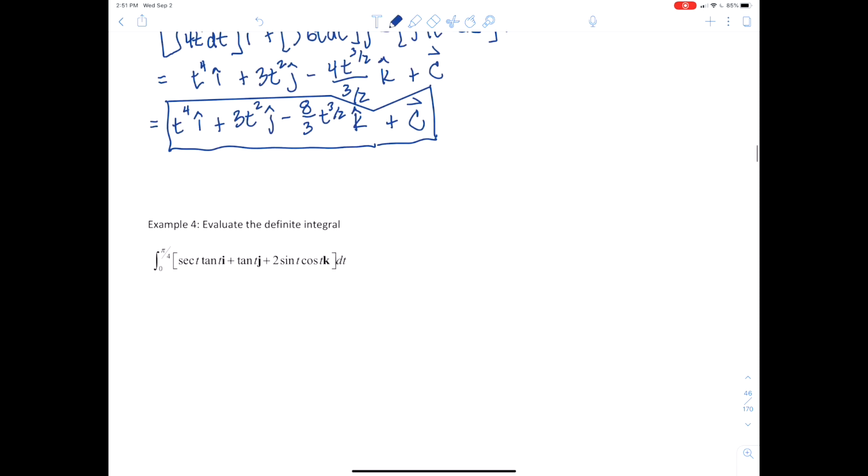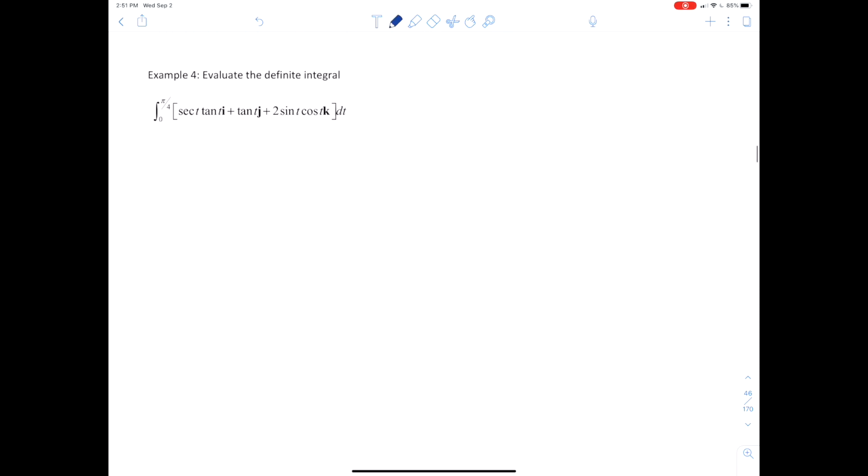All right. Next, we'll evaluate a definite integral. Here I'm just going to go a little bit faster because I think you know these antiderivatives, hopefully. So when I integrate secant t tangent t, I get secant t, evaluated from t equals 0 to pi over 4, and we multiply that by i.